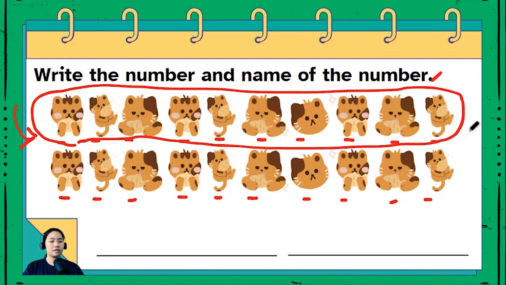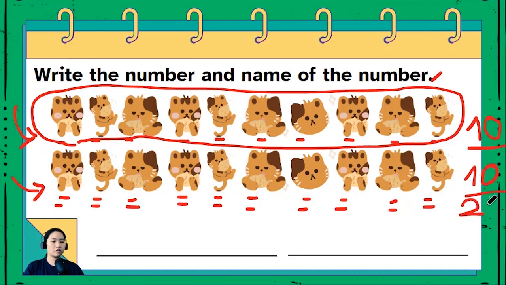Now I want to tell you that 10 and 10 is 20. Okay? If you don't believe me, we can continue counting after 10 starting here. So it's 11, 12, 13, 14, 15, 16, 17, 18, 19, 20. So a group of 10 and another group of 10 together is 20.